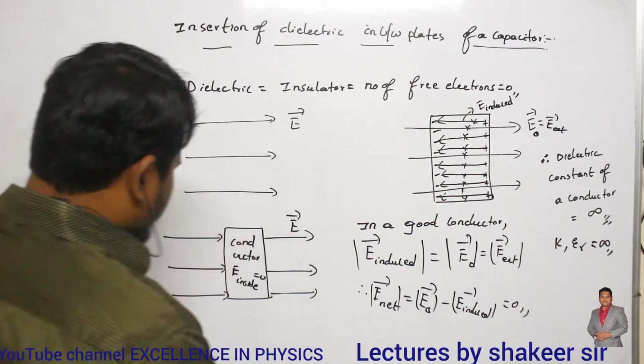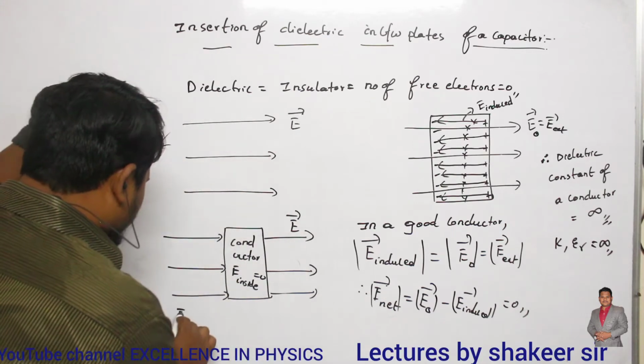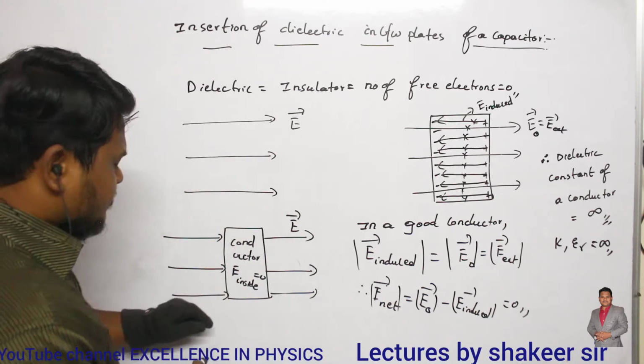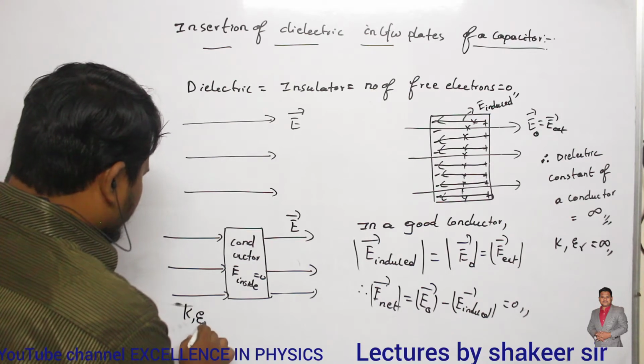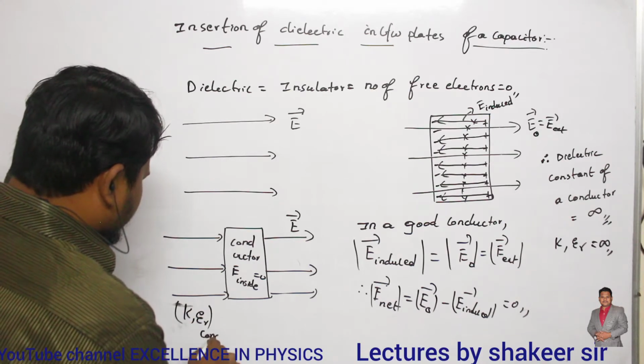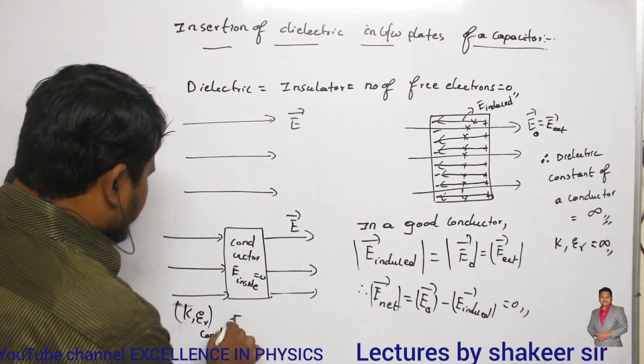So what is meant by K, ER of a conductor is infinite?